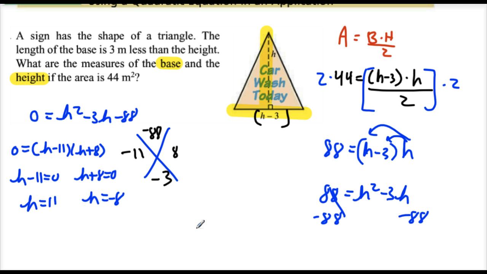Now, unlike the problems that we've done so far, where we just kept both answers and said, voila, we're done, anytime you're given some kind of context, you need to make sure that your answers make sense. We're not even done yet, but let's think about this right now.